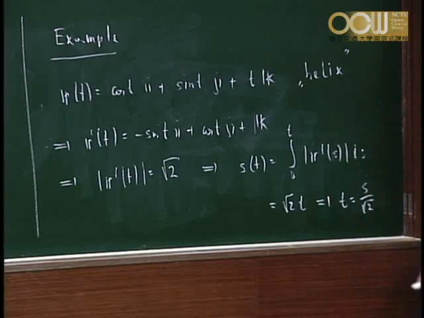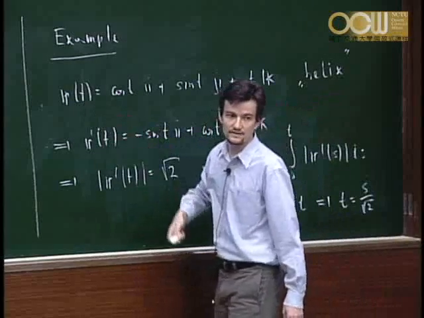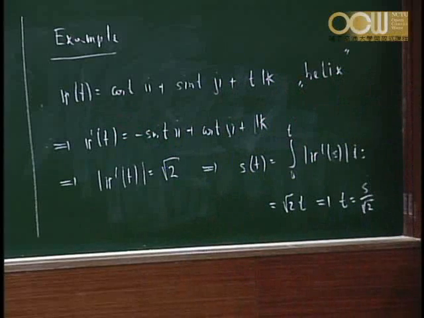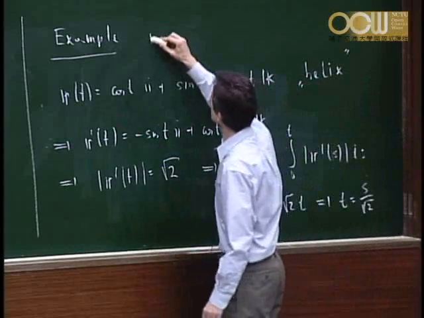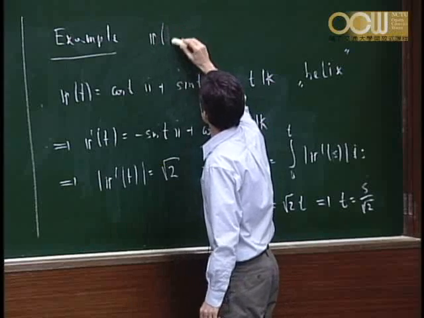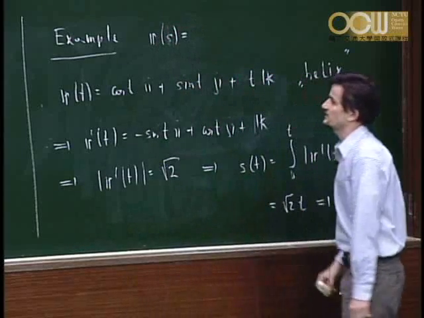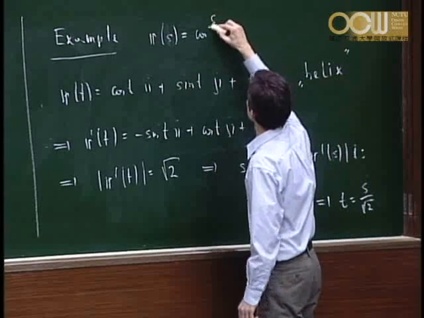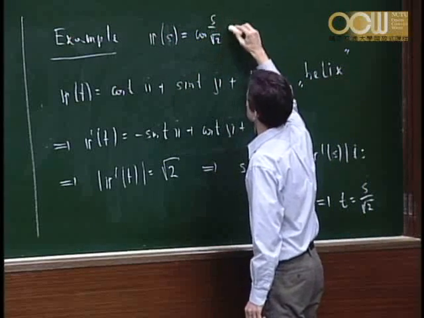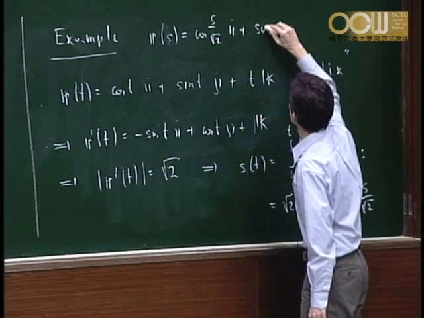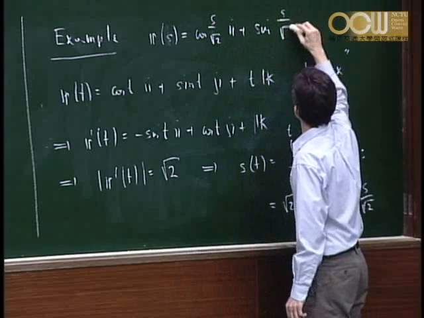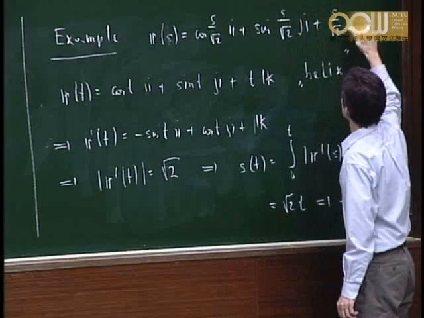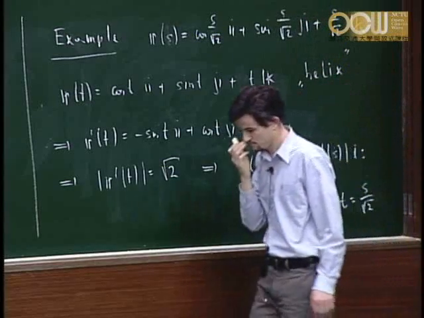So I can reparameterize the helix by introducing the arc length as a parameter. The only thing I do is replace t by s over square root of 2.